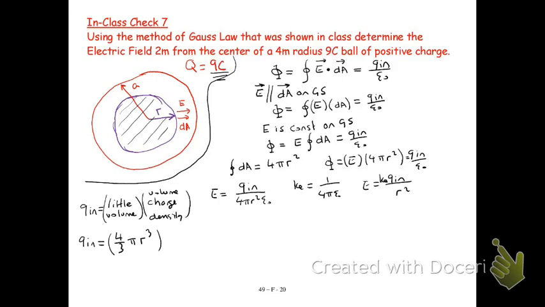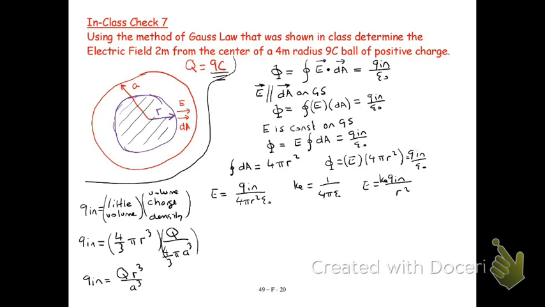And my volume charge density is big Q over the big sphere, which is 4/3 pi a cubed. So the 4/3 pi goes away, and my Q inside is Q times r cubed over a cubed.